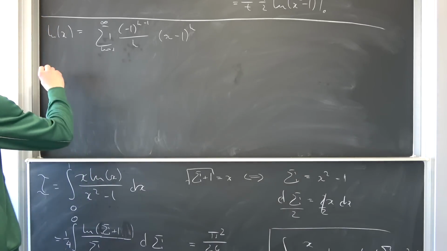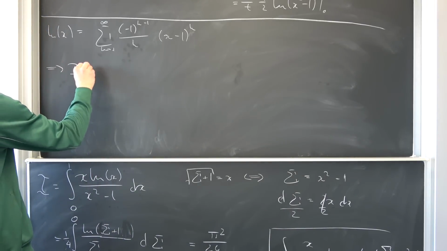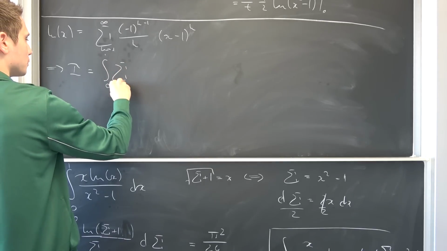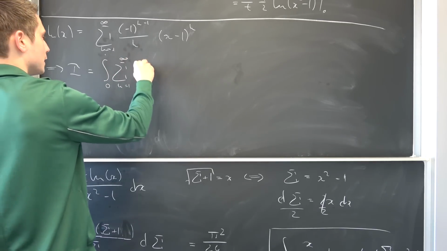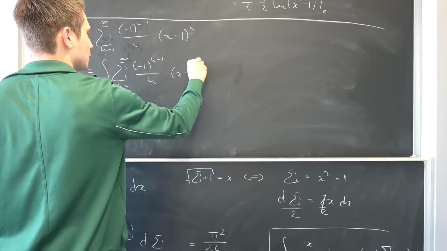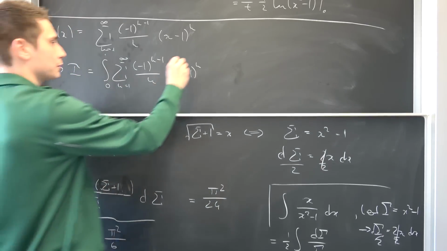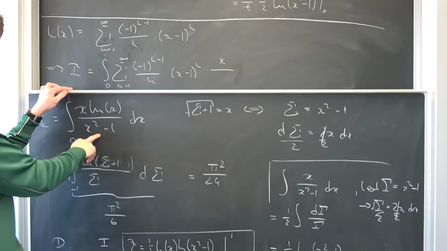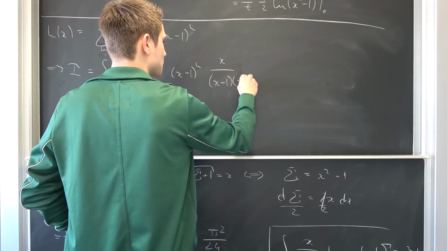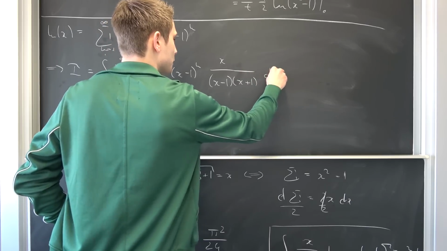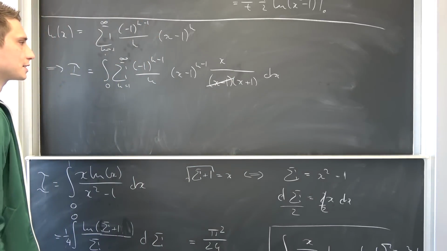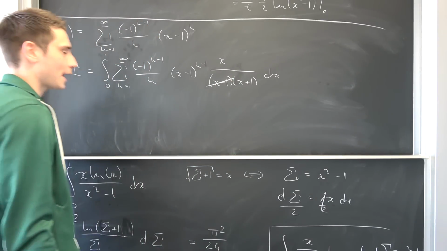Okay, so now for the integral, that is nothing but the integral from 0 to 1 of our sum running from k equals 1 to infinity, -1 to the k minus 1th power over k, x minus 1 to the kth power. And we also have this chunk left, x over x squared minus 1. We can actually factor that into x minus 1 times x plus 1, integrated with respect to x. So we can actually get rid of this thing right here.